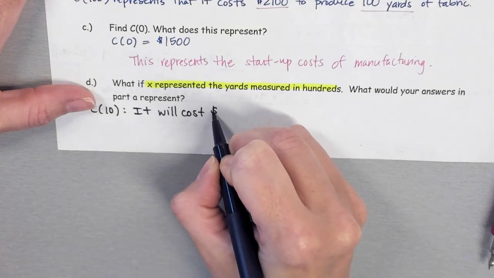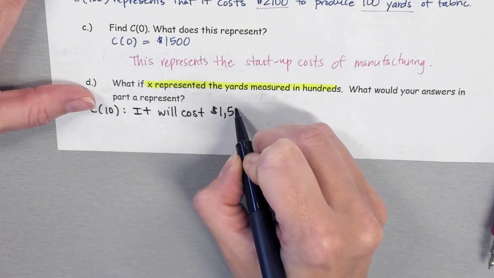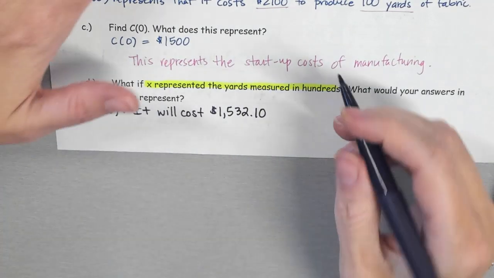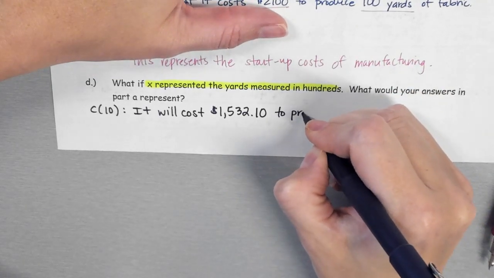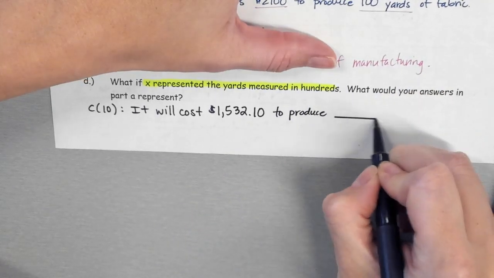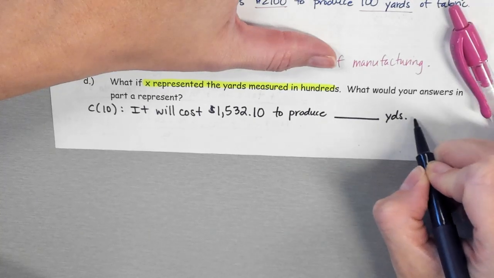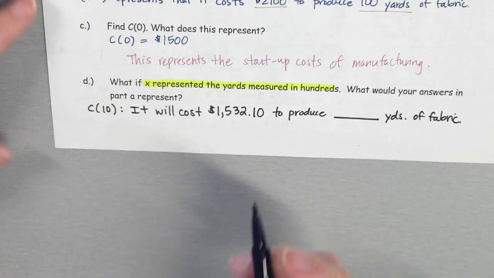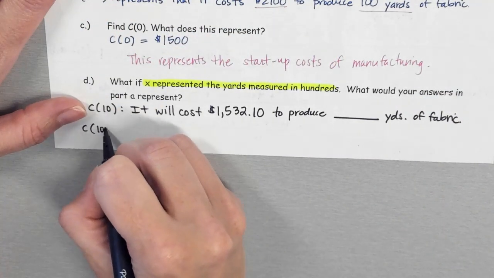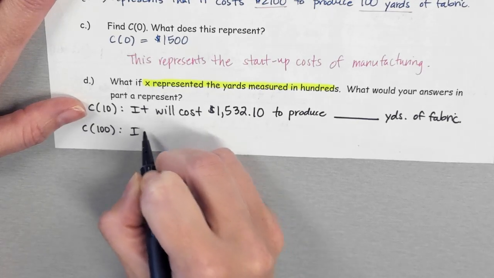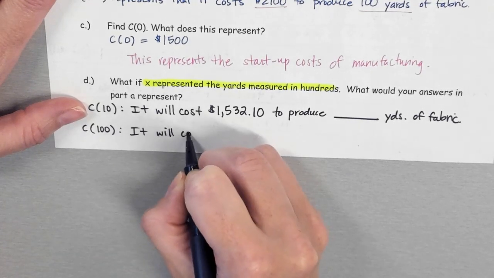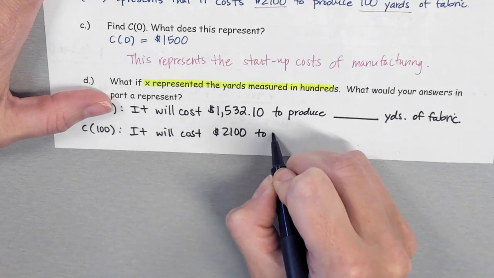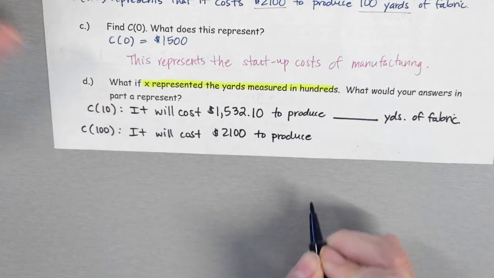The output does not change. The output is not measured in hundreds, so it's going to cost the same amount to produce blank yards of fabric.